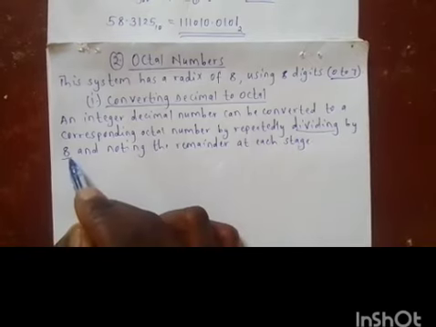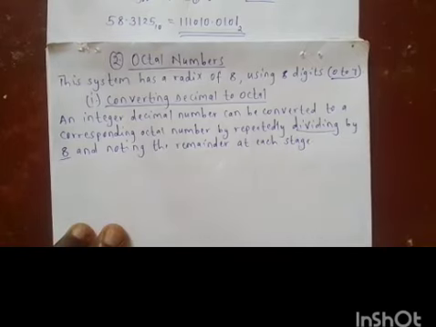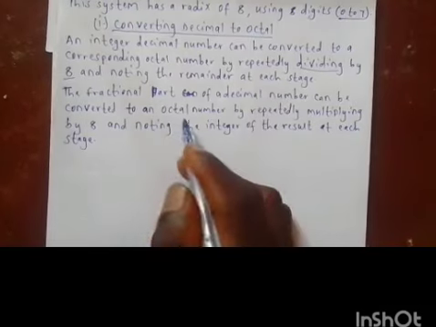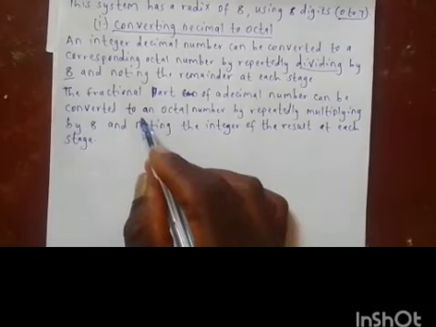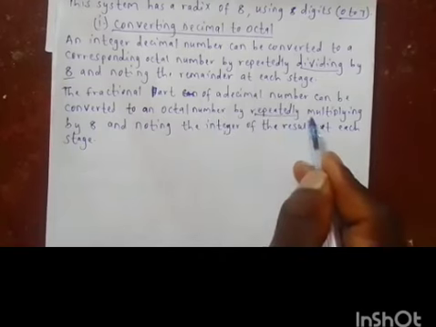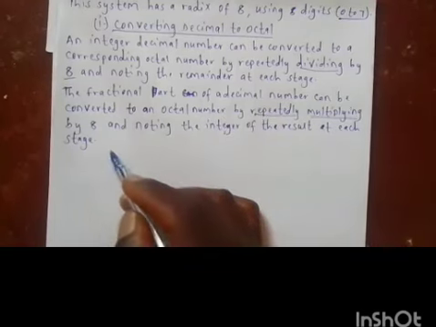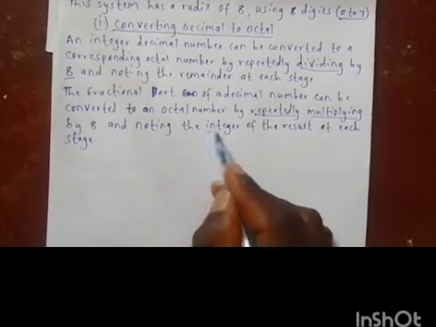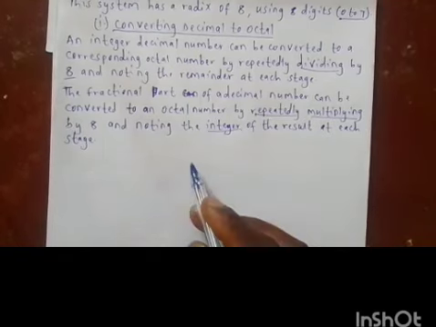Also, the fractional part of a decimal number can be converted to an octal number by repeatedly multiplying by 8 and noting the integer of the result at each stage. Let us see an example.